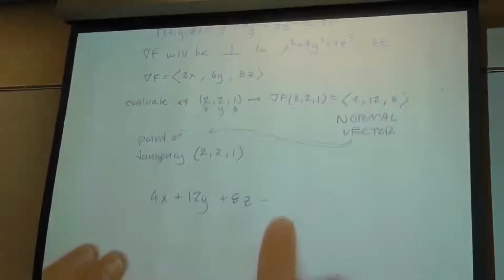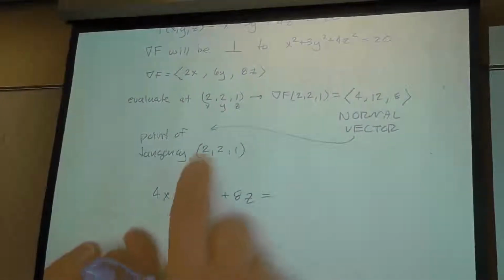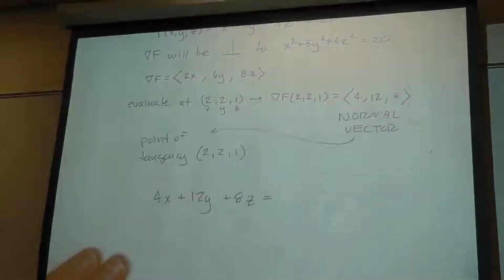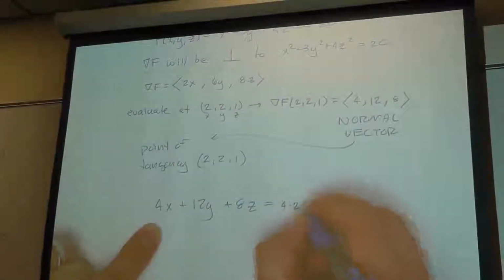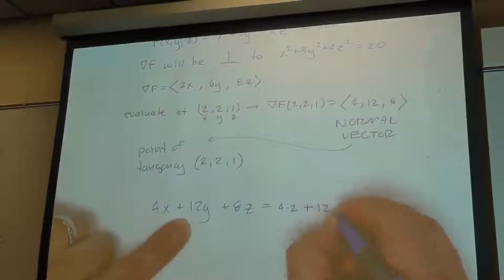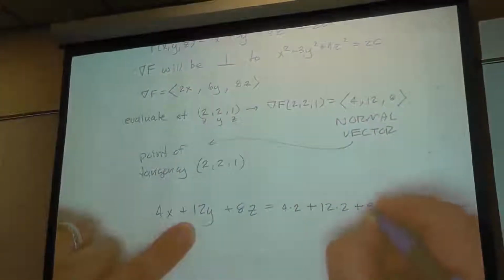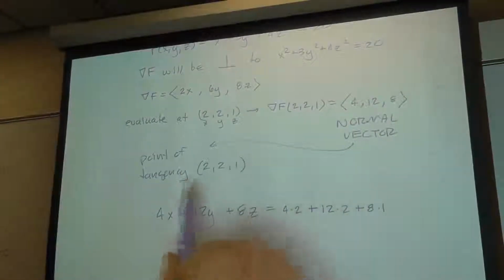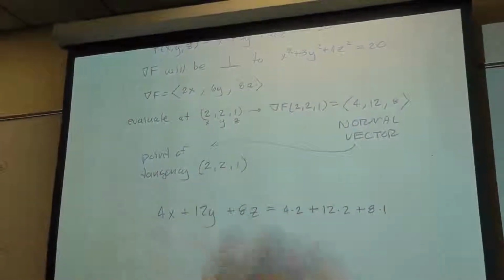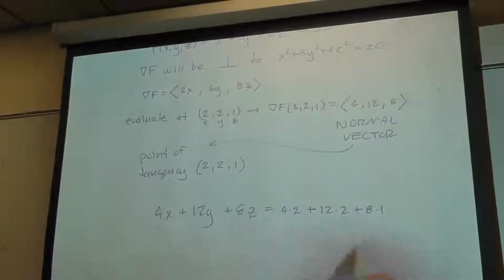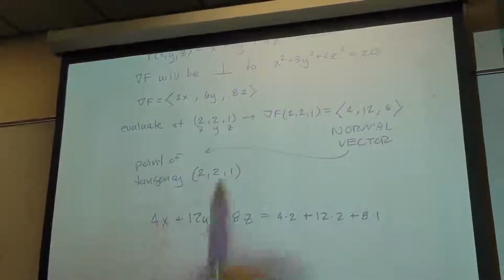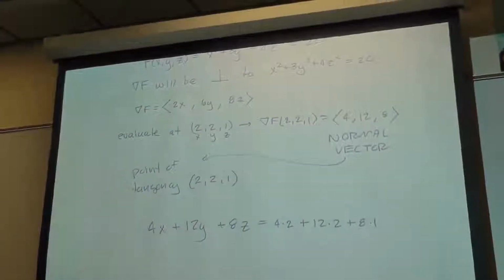But then your constant comes from evaluating this using 2 for x, 2 for y, and 1 for z. So the right-hand side would be 4 times 2 plus 12 times 2 plus 8 times 1, because you want to guarantee not only is that a point on the sphere, but since this is the tangent plane at the point of tangency, the plane has to also carry that point. So that's why plugging the point into the equation tells you the constant that goes on the right-hand side.